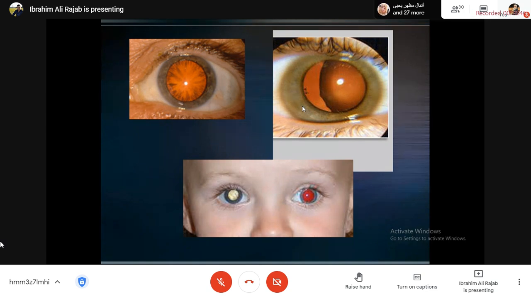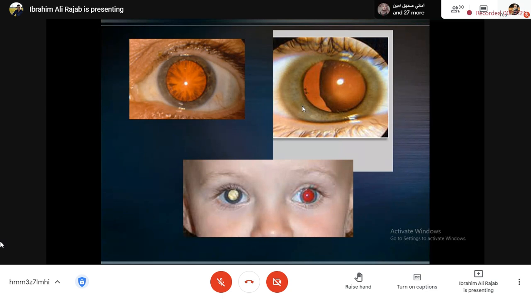So leukocoria means a white pupil. Leuko means white, like leukocytosis or leukocyte. Coria means pupil. So leukocoria means a white pupil. Leukocoria, or white pupil, has many differential diagnoses, but the first two important ones to keep in your mind are congenital cataract and retinoblastoma.